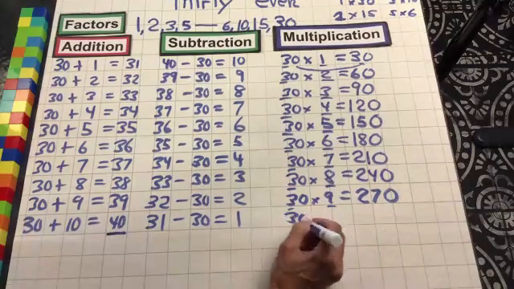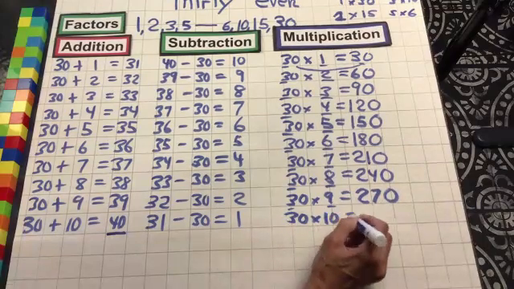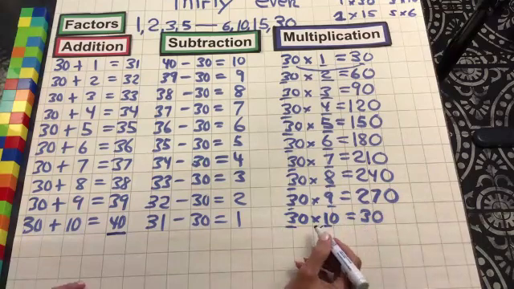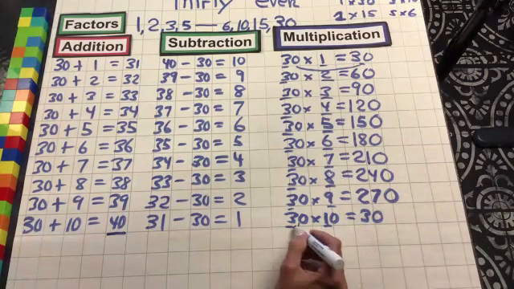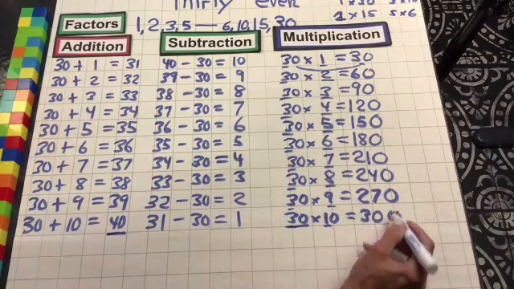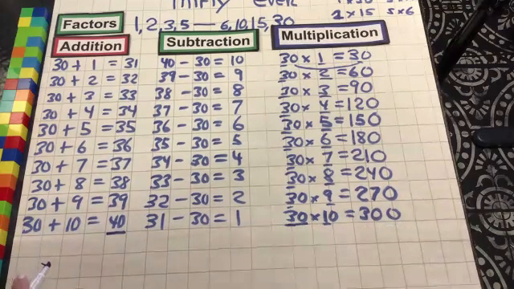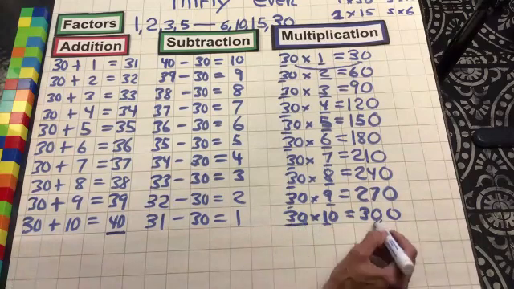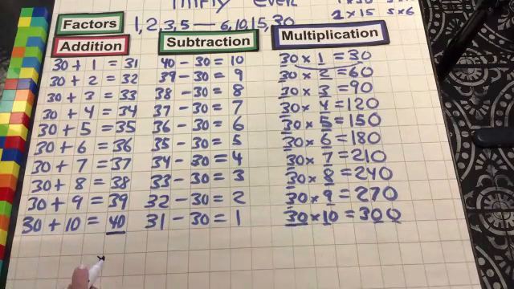And last but not least, 30 times 10 equals 1 times 3 is 30. Or I'm sorry, 1 times 30 is 30 with a 0. Either way, 1 times 3 is 3 with the 2 zeros. Make sure we have 2 zeros there. All right.